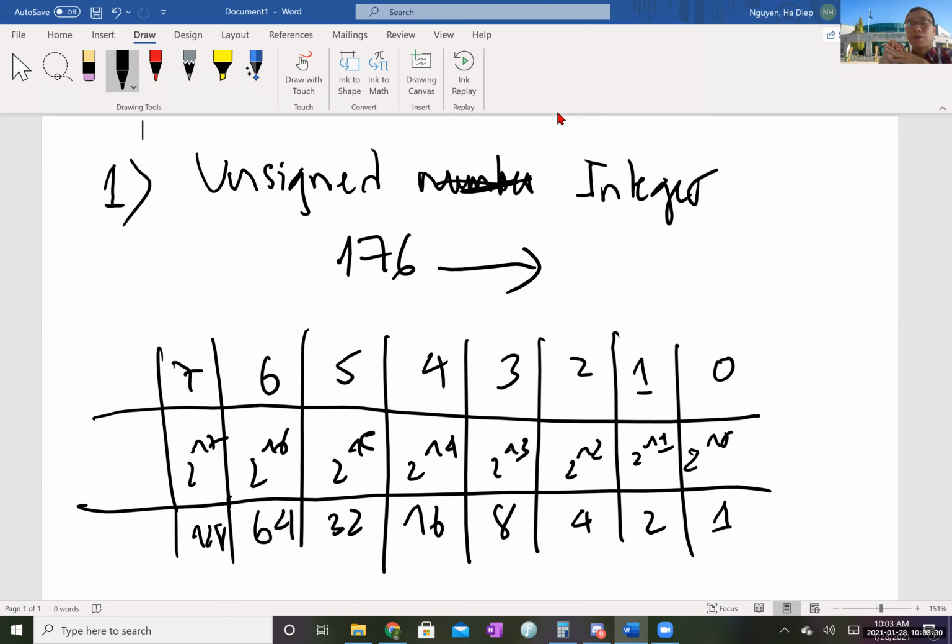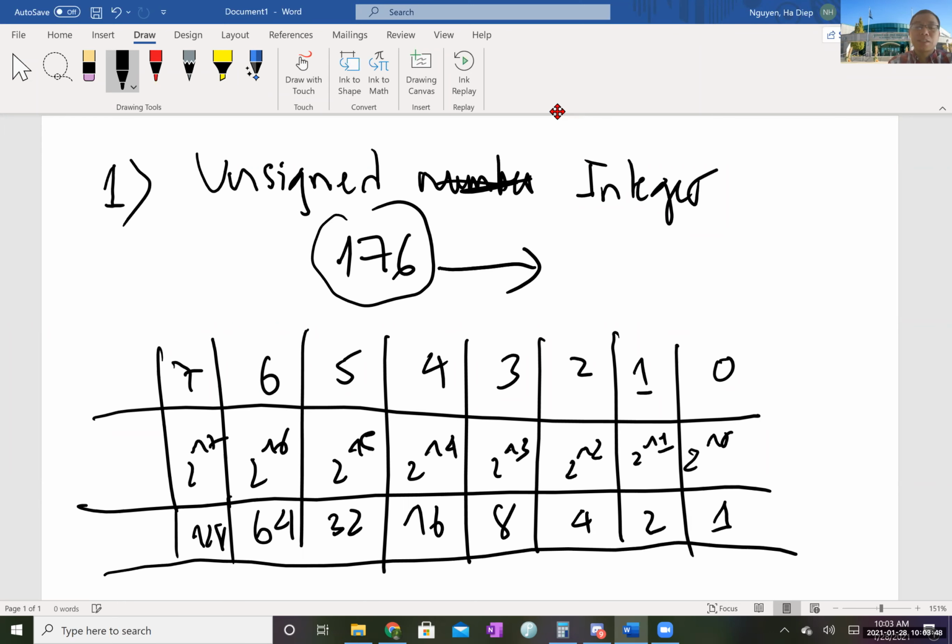Remember, when we convert from decimal to binary, you always work from the left to the right. You compare 176 with 128. Whenever you are greater than it, you put a 1 here, meaning you already have 128. So you subtract 128 and you have 48 left, right?